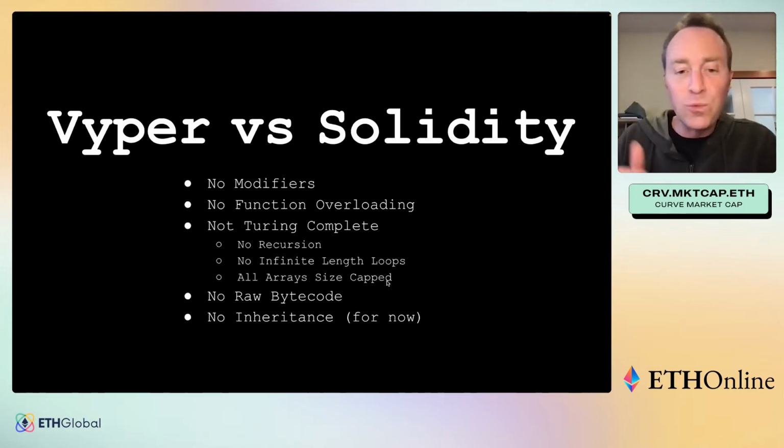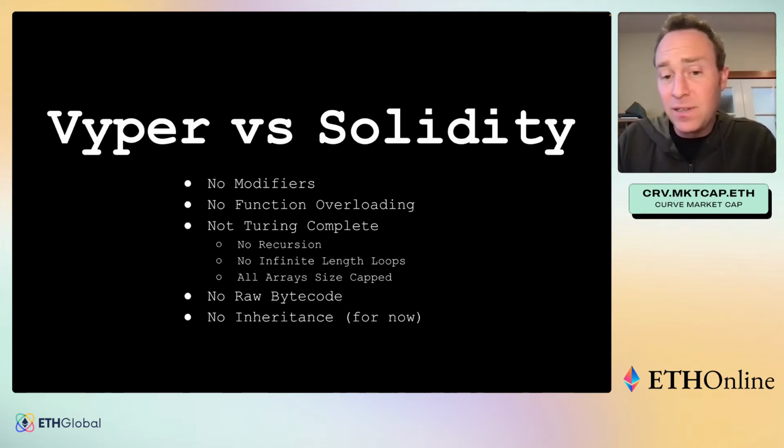Another one we'll talk about is no raw bytecode and no inheritance, although this is going to change. So no raw bytecode means that there's not a way of just injecting a couple of lines of bytecode here or there because it sacrifices this capability of being easy to audit. With Solidity, you can inject raw bytecode.